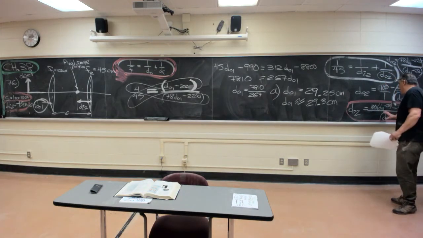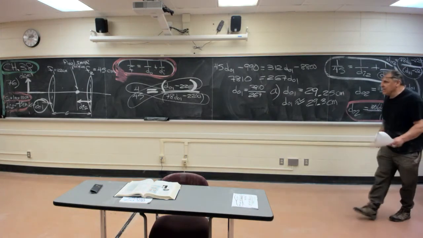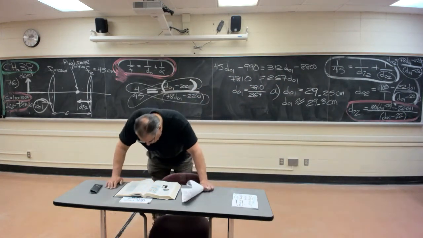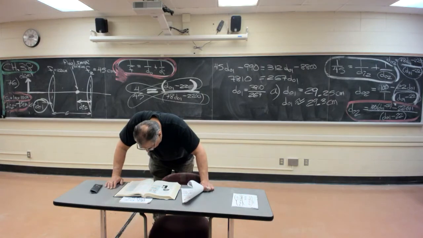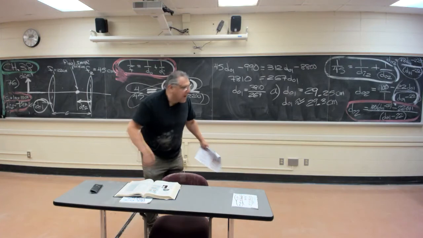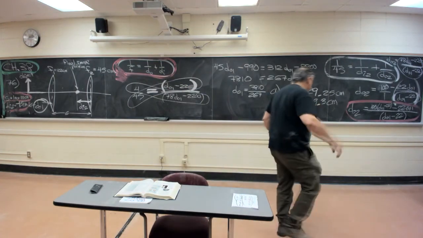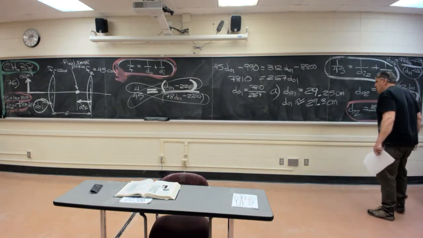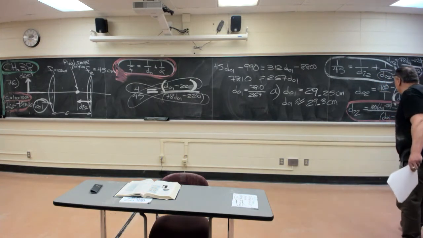You had to do it symbolically and then solve for it. By the way, what is the final image, just for the record, I mean, this DO2 is what we got.